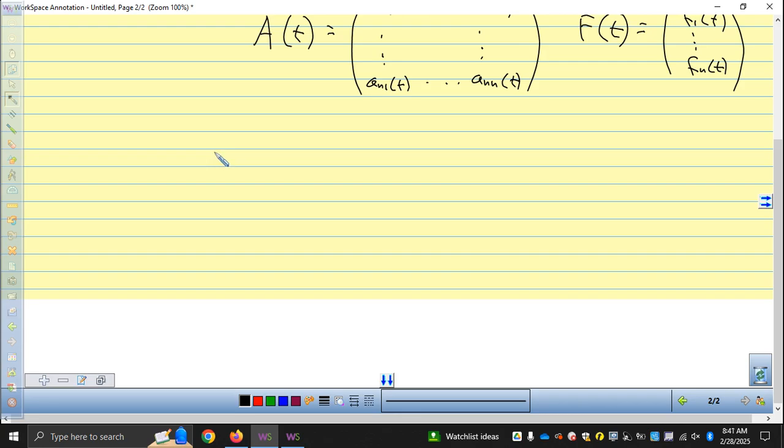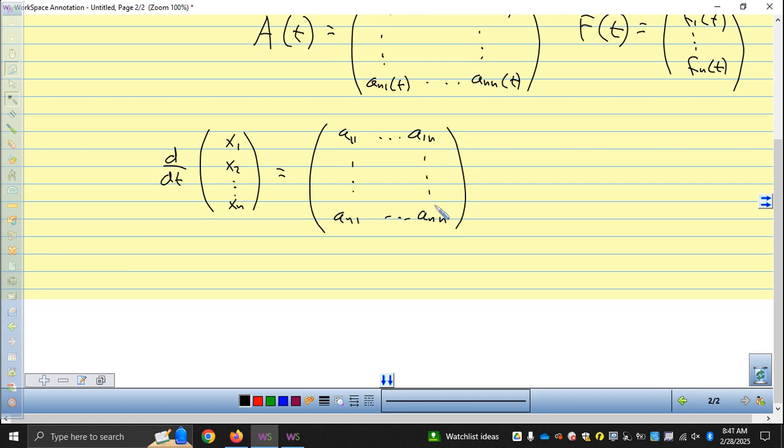So we can write, in larger form, the derivative with respect to t of x1, x2, to xn equals a11 to a1n, an1, ann, times x1, x2, xn, plus f1 to fn.